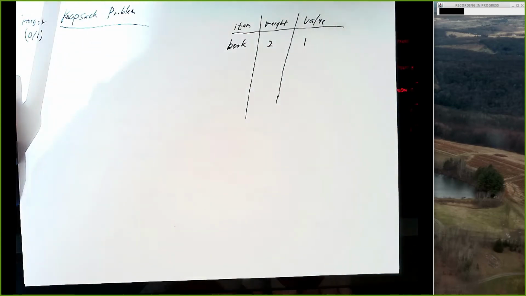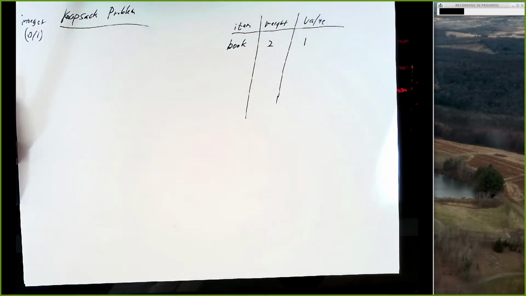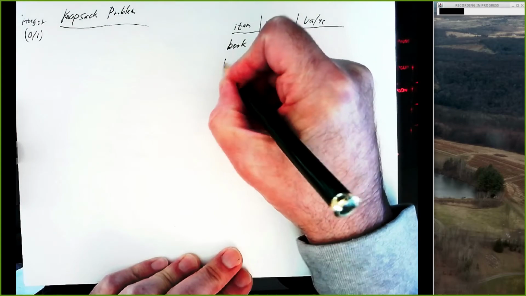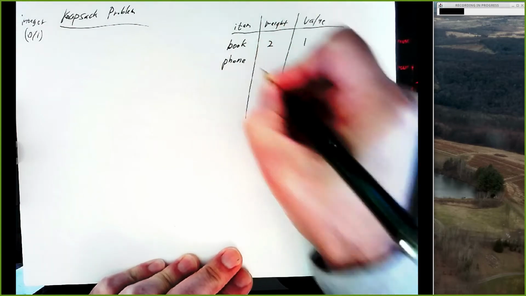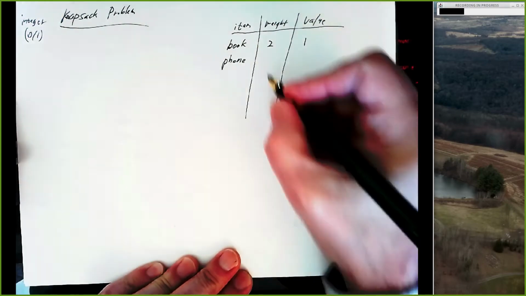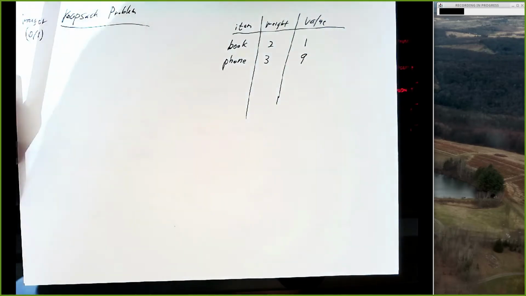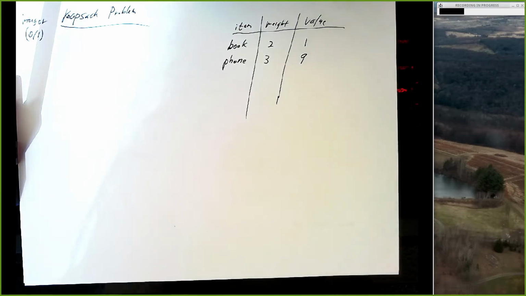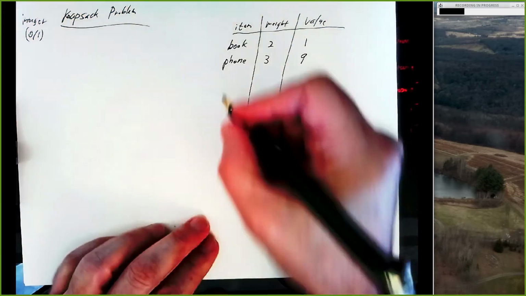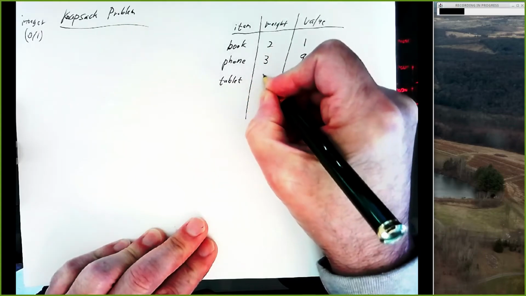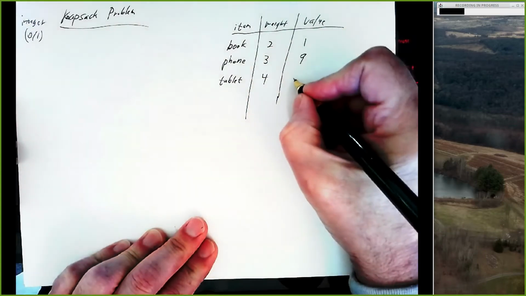The second item will be a phone. The phone weighs 3 pounds, and that costs $9, because phones are pretty cheap these days. And the last item's going to be a tablet, and that weighs 4 pounds, and it costs $13.